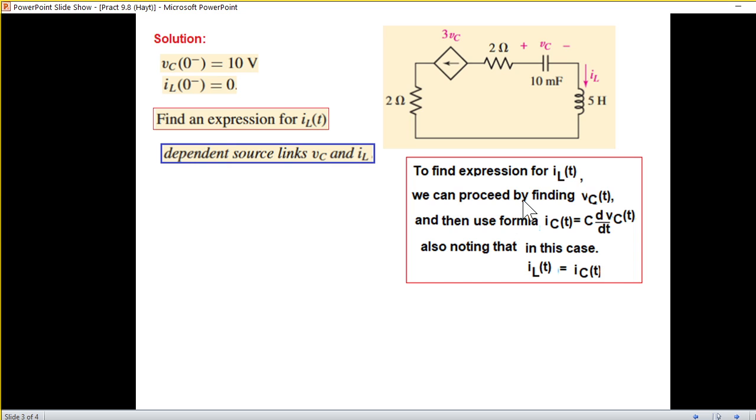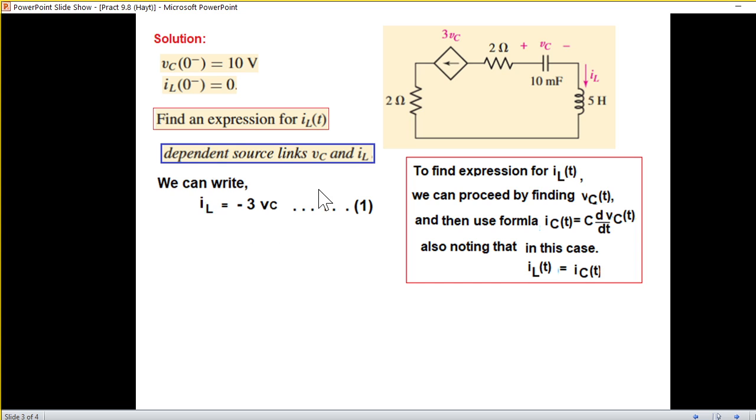We can proceed by finding vC(t) first, and then iC, the current through the capacitor, the formula is given as C dvC/dt. And since iC and iL are the same, we can then use this value of iC to find iL(t). So we'll follow this method.